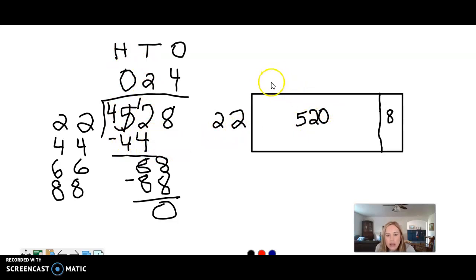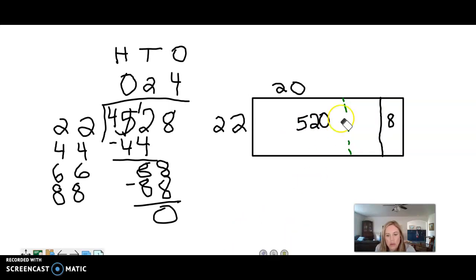So I could say that the part of this area that we were able to divide up was 440. And 20 times 22 is 440. So that was the area.